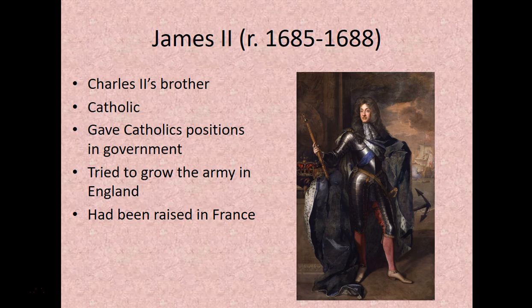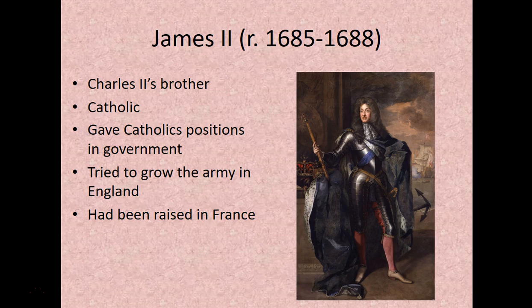So he tries to create a standing army just like Louis XIV did. And it was these actions of being Catholic, giving positions to Catholics in his government, and trying to create a standing army that made the nobles of England not trust him, right? They saw him as really having been badly influenced by France.